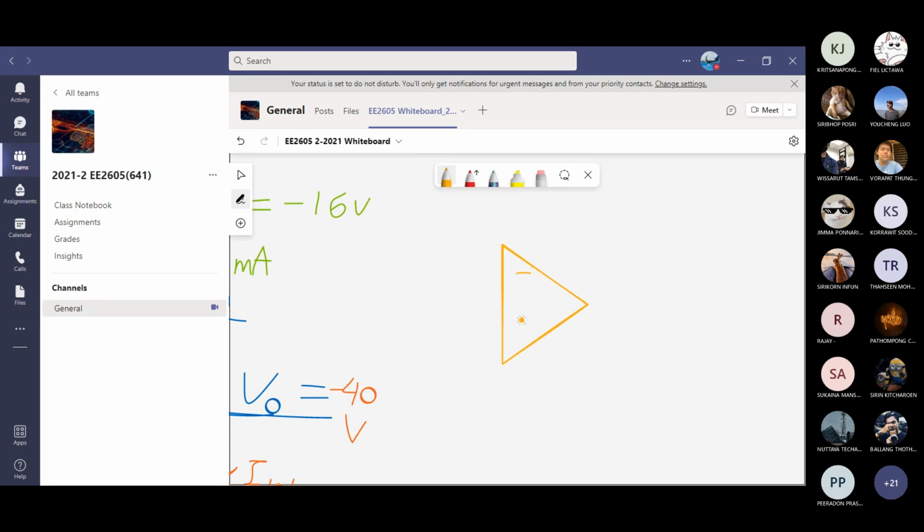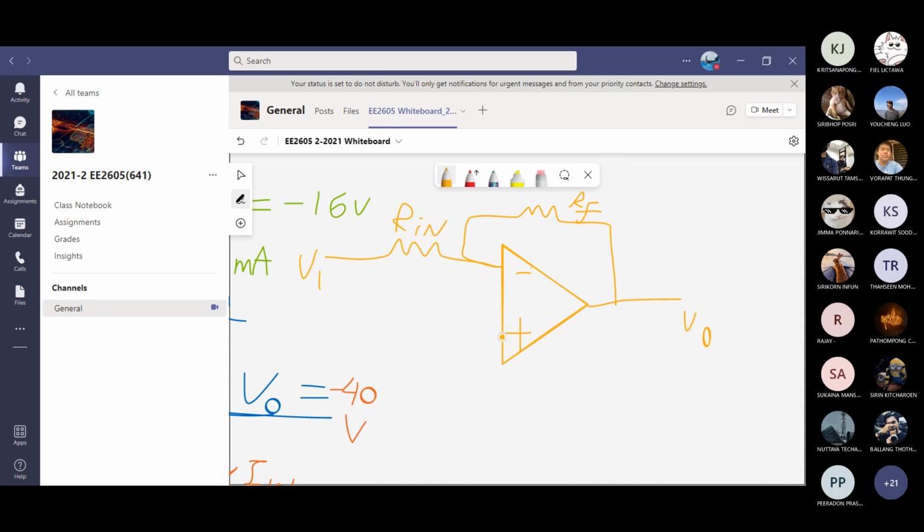I'll put here minus, the bottom is plus, and then the output is V out. I will put a feedback resistor here, an input resistor there. Let's call this input voltage V1, this one is RF. This one we will call the input resistor, that's Rin.